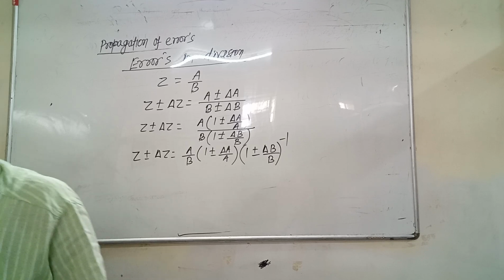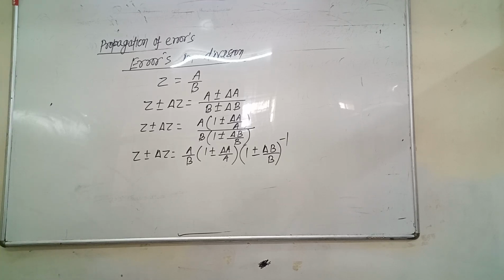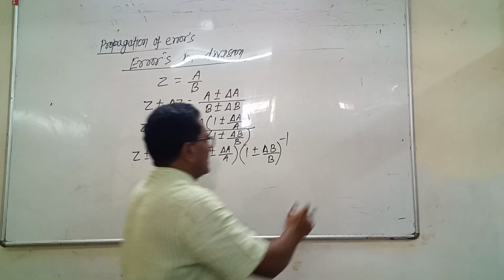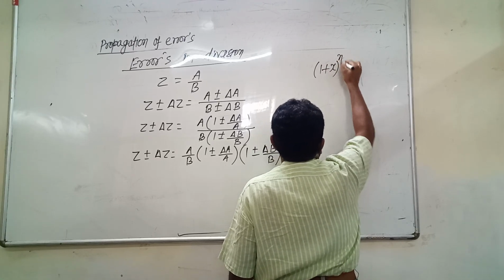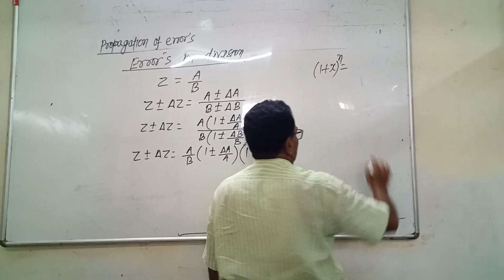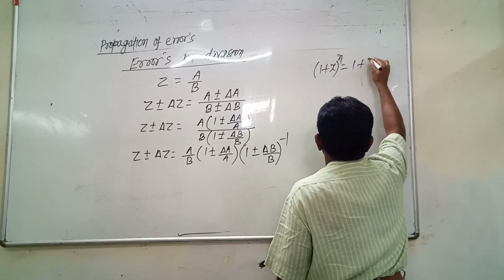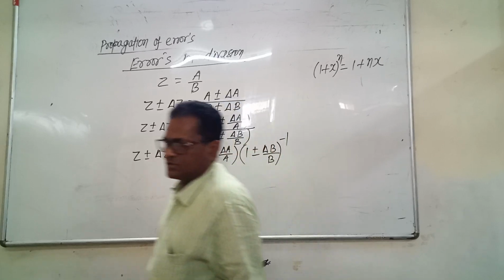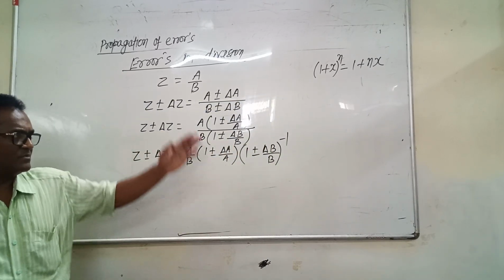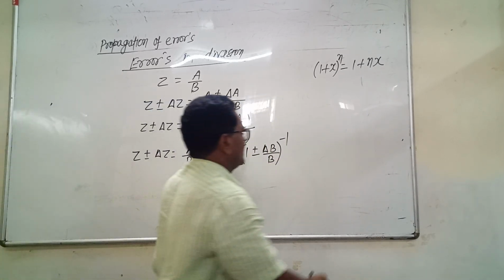Now there is a formula in mathematics, 1 plus x raised to the power n is written as 1 plus nx, and the rest of the terms will be the smallest terms which must be neglected.